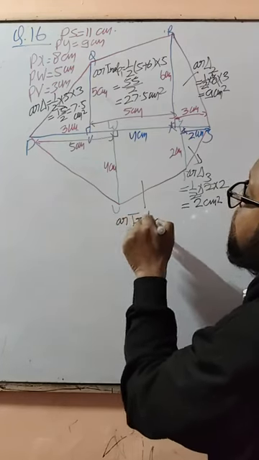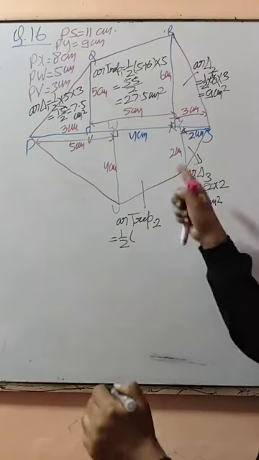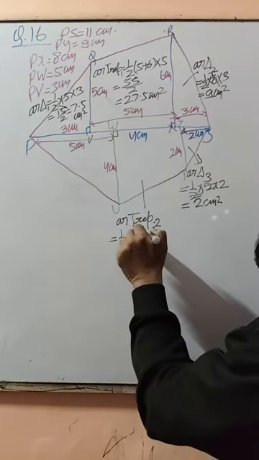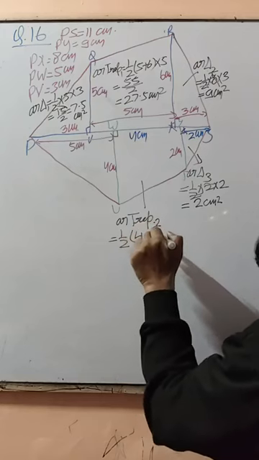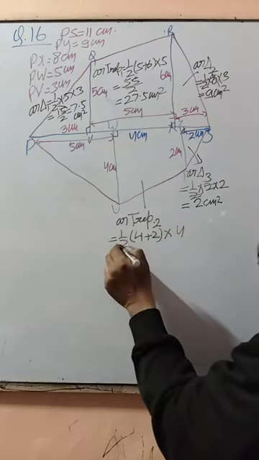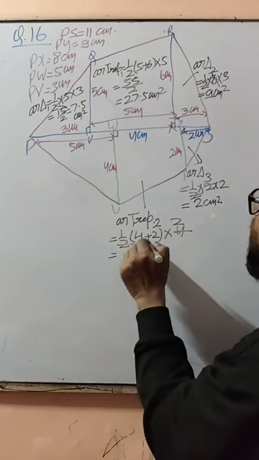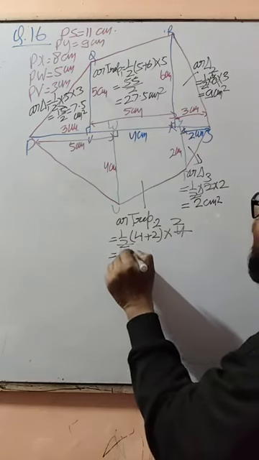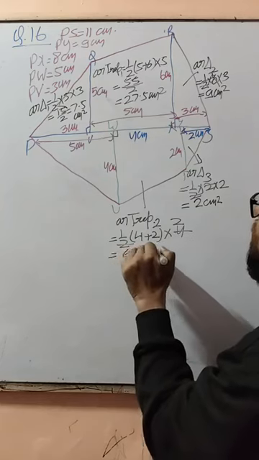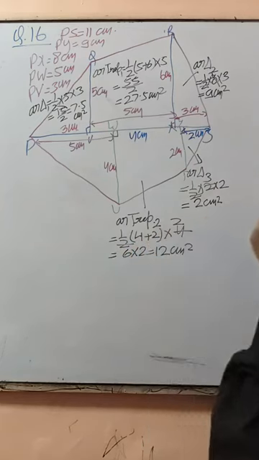Trapezium 2 is equal to 1 by 2 bracket parallel sides 4 plus 2 into 4. 2 times 2 becomes 4. 4 plus 2 becomes 6 into 2 becomes 12 centimeter square. Great.